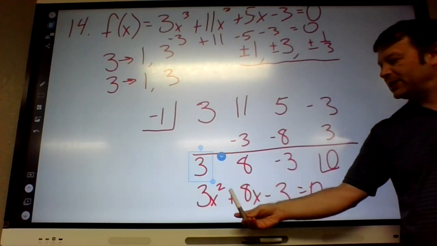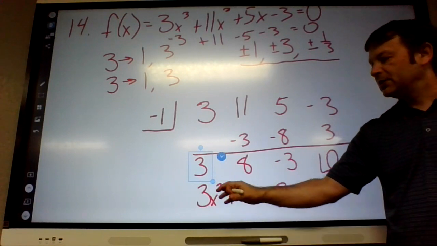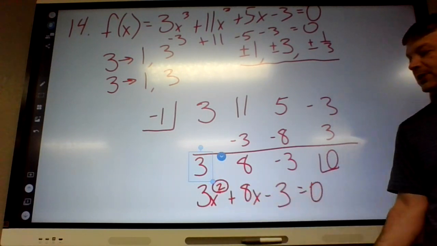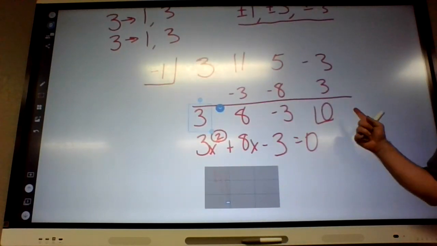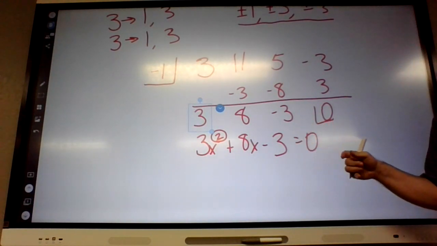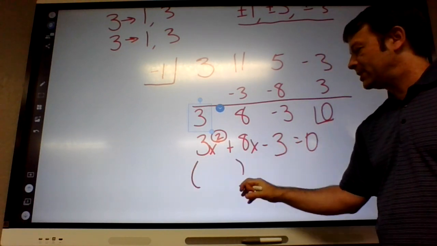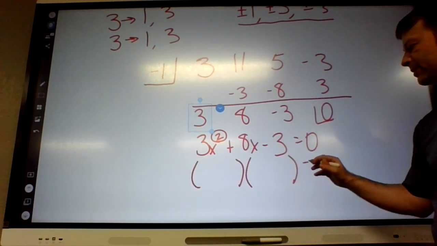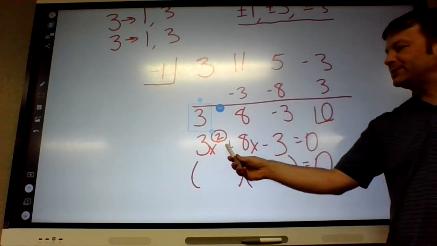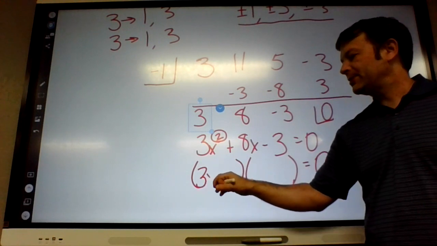But the last two answers are going to be found in this quadratic equation. Because it's only an x squared equation, we actually have tricks for that, factoring and quadratic formula. So you could use quadratic formula. I'll tell you, sometimes you have to use quadratic formula, but all of today's should actually factor. What has to go in the front? What goes into 3x squared? 3x times x.